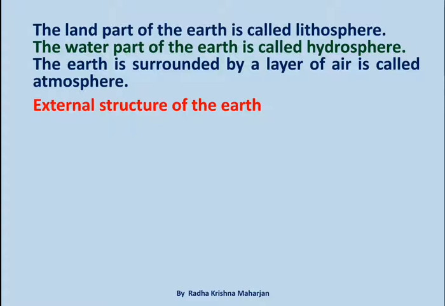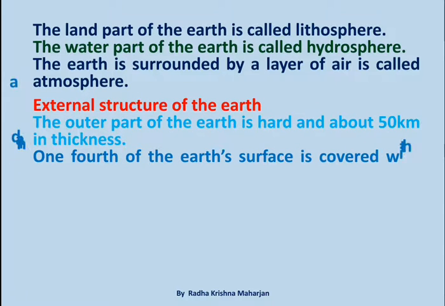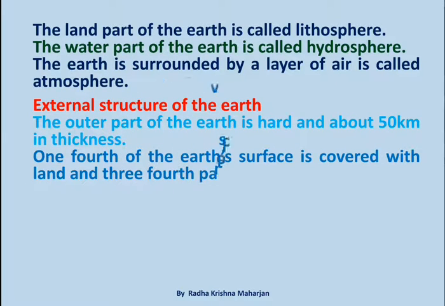External structure of the Earth. The outer part of the Earth is hard and about 50 km in thickness. One-fourth of the Earth's surface is covered with land, and 3/4 part is covered with water.